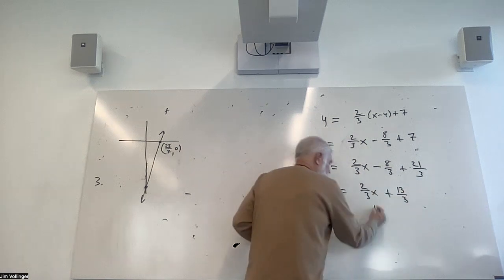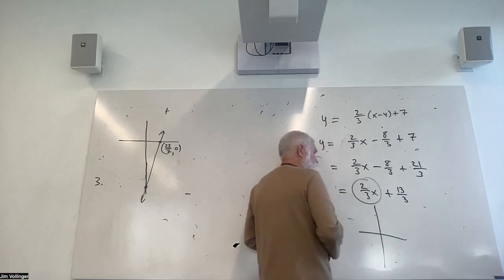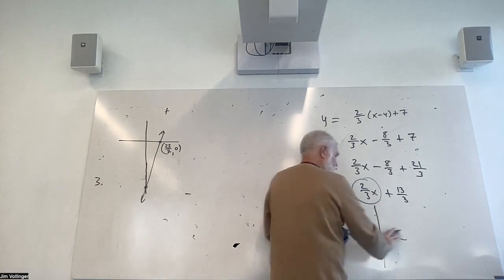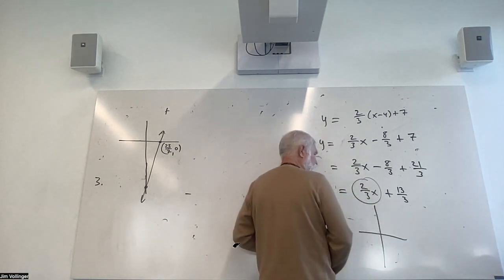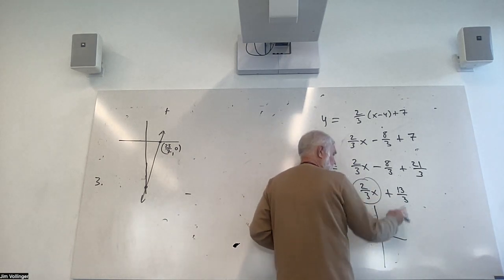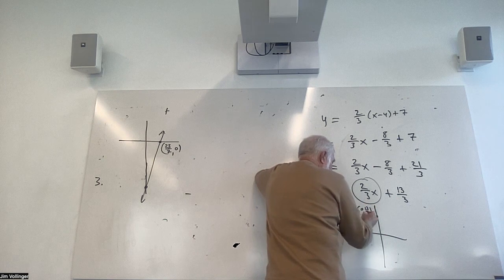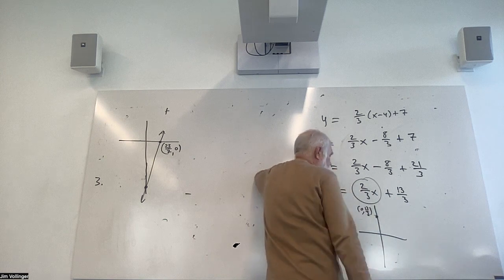All right, so if I was graphing that, this is a product. You want products to equal 0. So we would put 0 in for x. So I'm not moving the positive or negative horizontally. 0 for x gets me 13 over 3, 4 1/3. So that gets me 0 and 13/3, my y-intercept, because this is slope-intercept form.